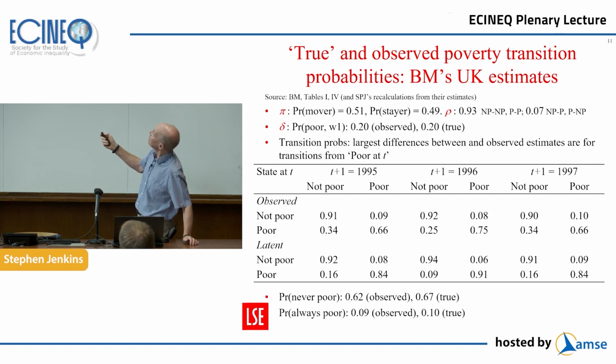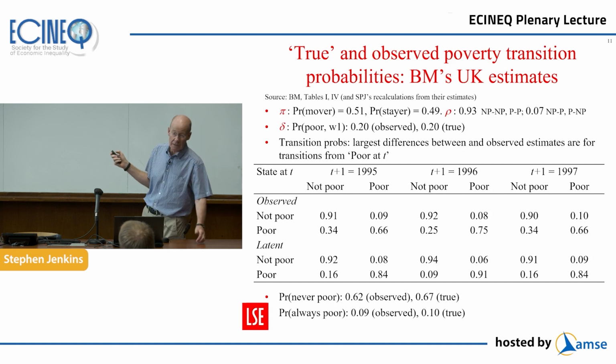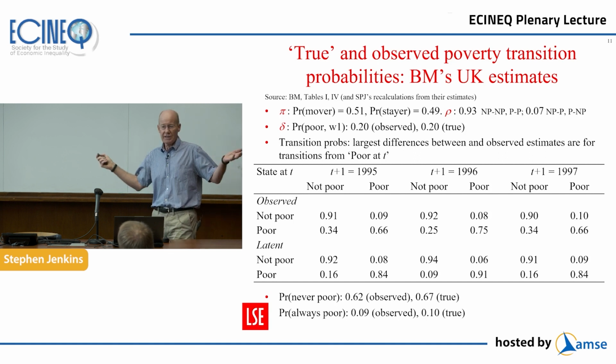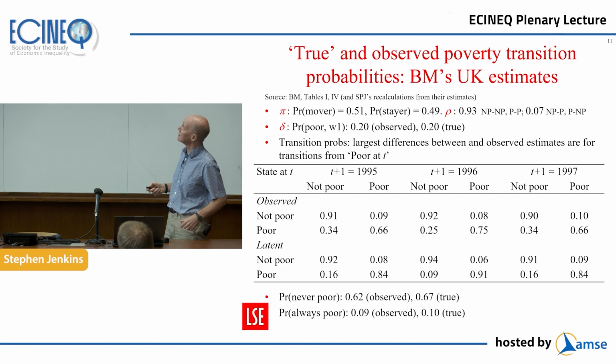And then we have the three pairs of years, because we've got 4 waves. It's old data, as you can see. And so, for example, the row probability, the chances of being non-poor in 1995, given that you were not poor in 1994, is around 91%, and so on. Standard reading of a transition probability table.